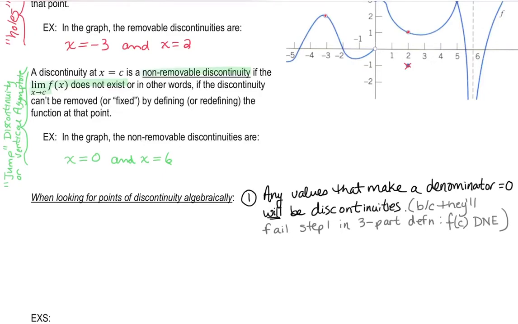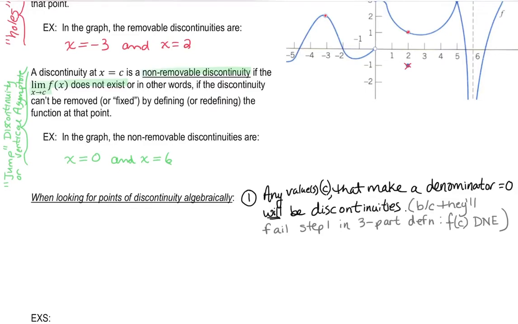So they fail the first part of the definition. So any values c that make our denominator equal to zero are going to be discontinuities, because division by zero is undefined, and that means f of these values simply will not exist.